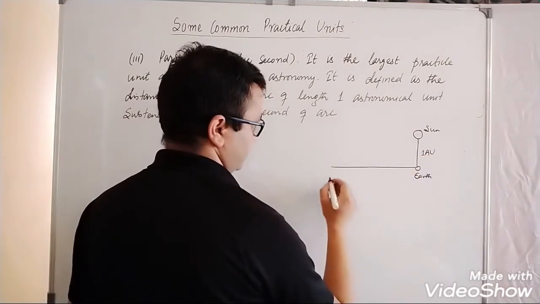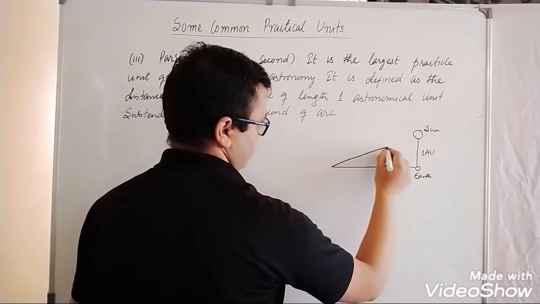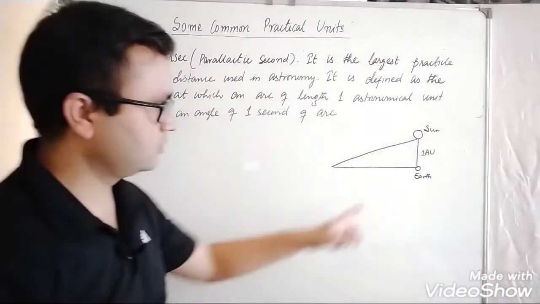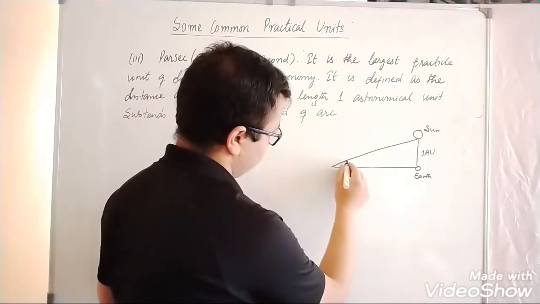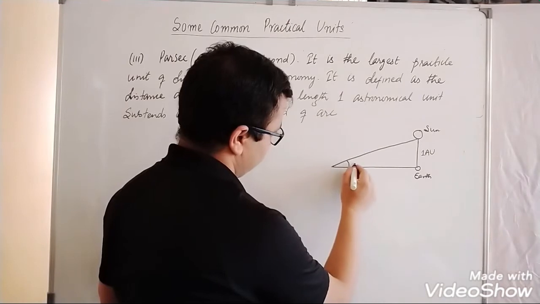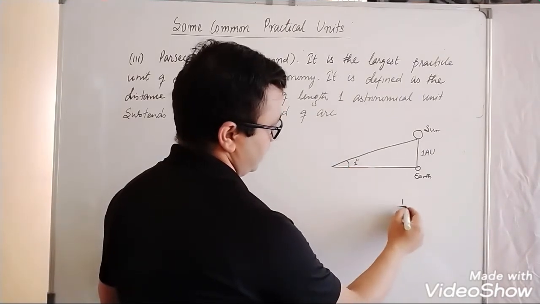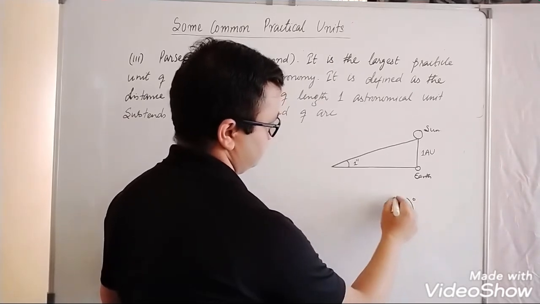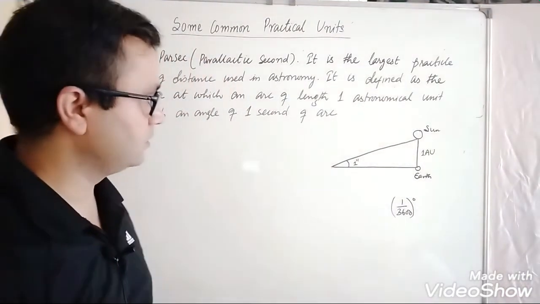The arc made by Sun and Earth is only 1 second. 1 second is 1 by 3600 degree.